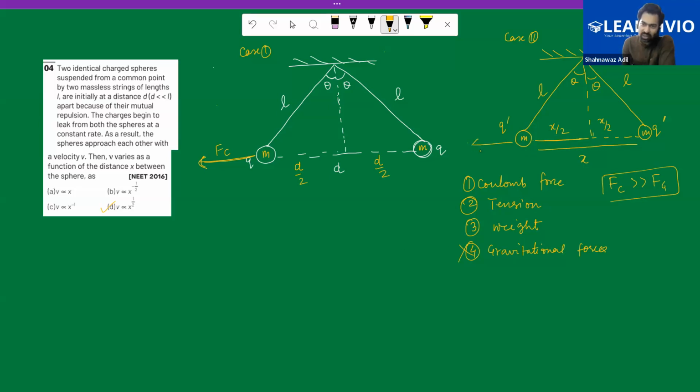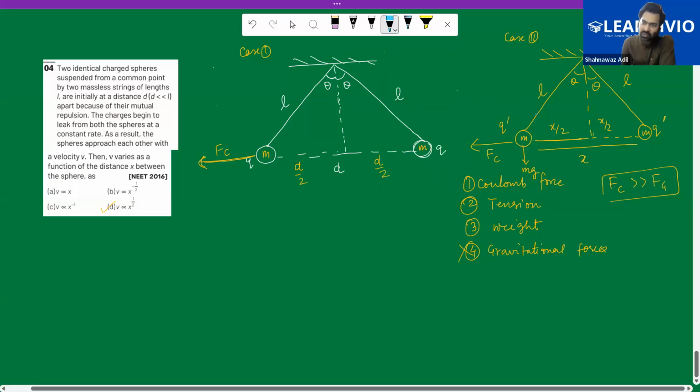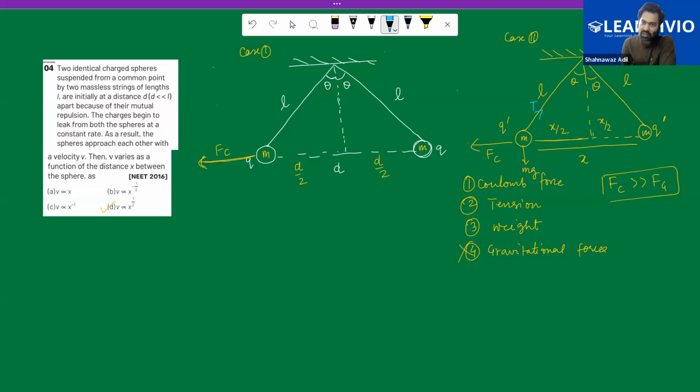So this is the Coulomb force. This is mg, this is theta, and this is the tension. Because this is angle theta, this would be T sine theta and this would be T cos theta.